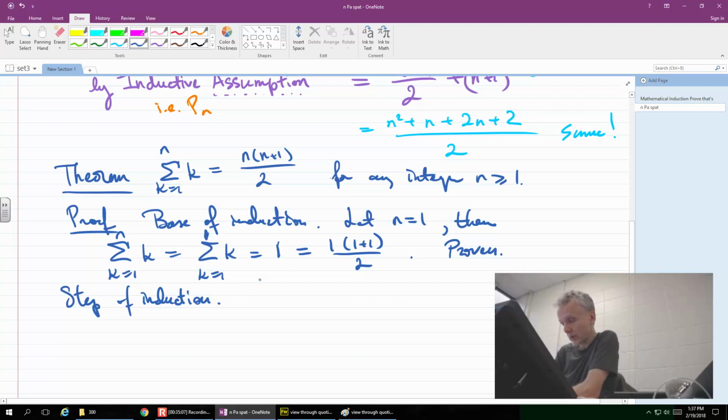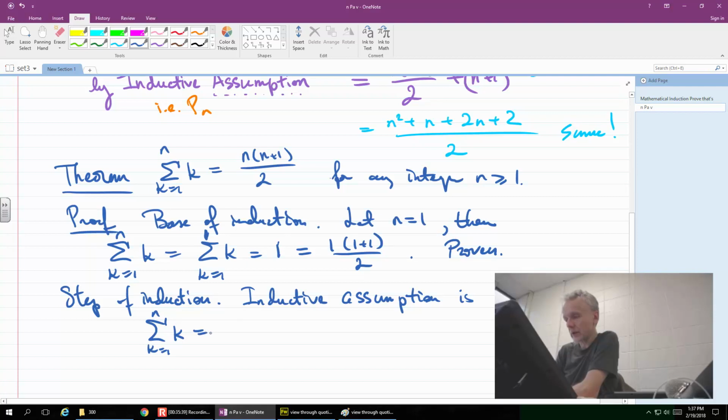So suppose, or assume, the inductive assumption, which is what we're trying to prove. In other words, the summation of k from 1 to n is equal to n(n+1) over 2.